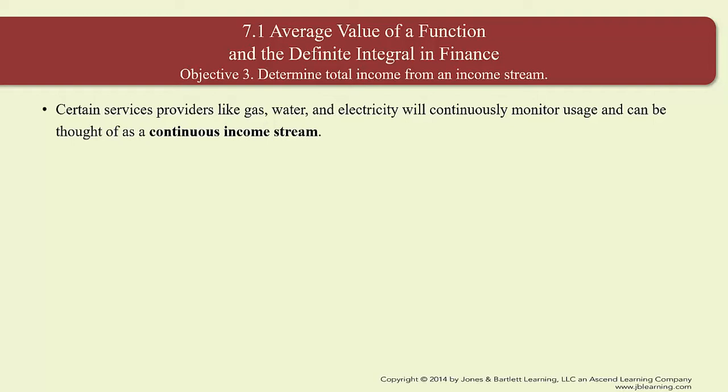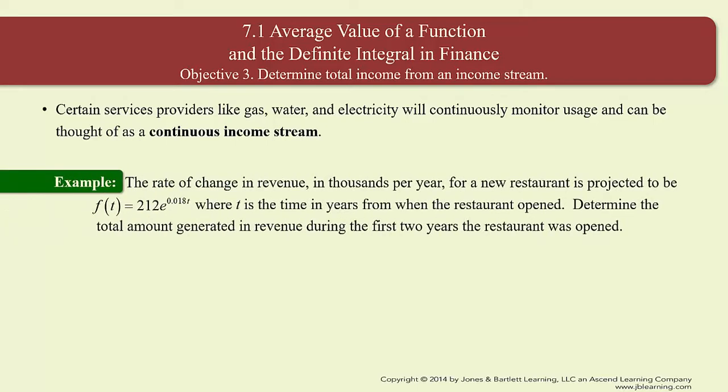Now, you don't have someone from each company there watching those meters 24/7. But since they're continuously monitoring usage, we can think of that as being what people in finance call a continuous income stream.